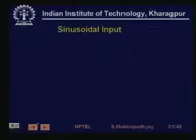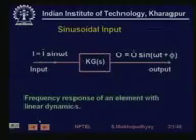So this is my instrument, and I am applying an input I sin omega t. If the instrument is linear, then as output you will also get a sine wave, but its magnitude will be different from the magnitude of the input wave, and it will also develop a phase lag.